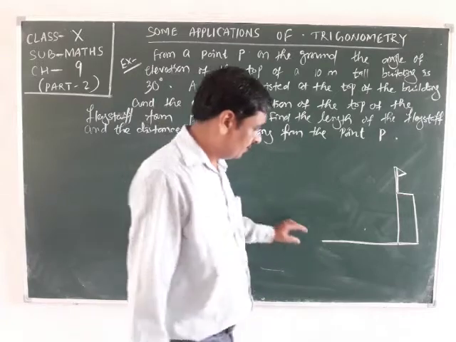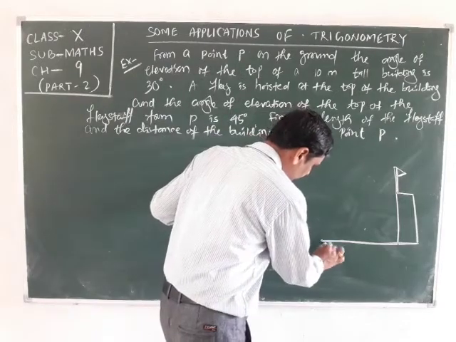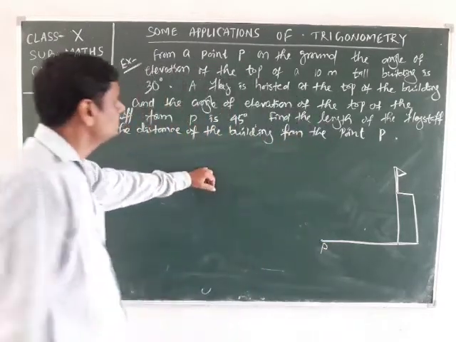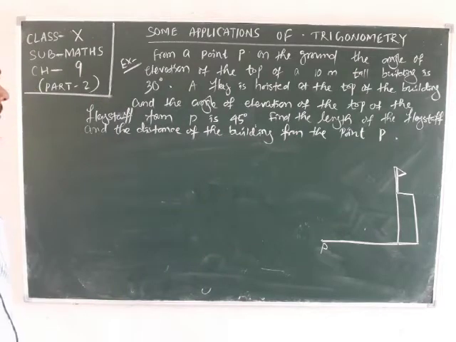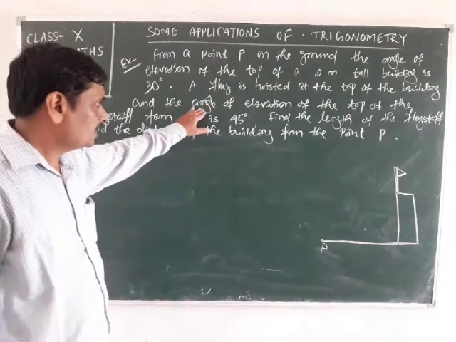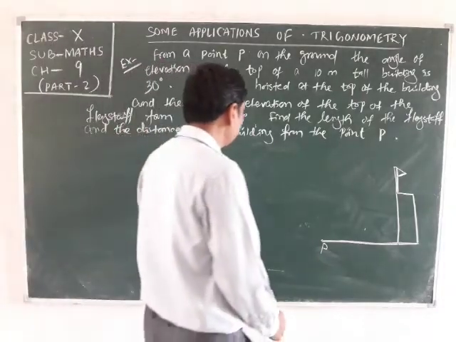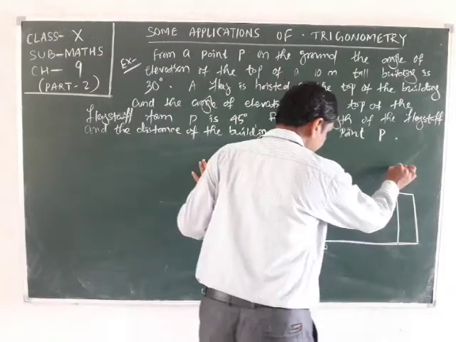At a point P on the ground, from where it is observed, the angle of elevation of the top of the flagstaff is found to be 45 degrees.